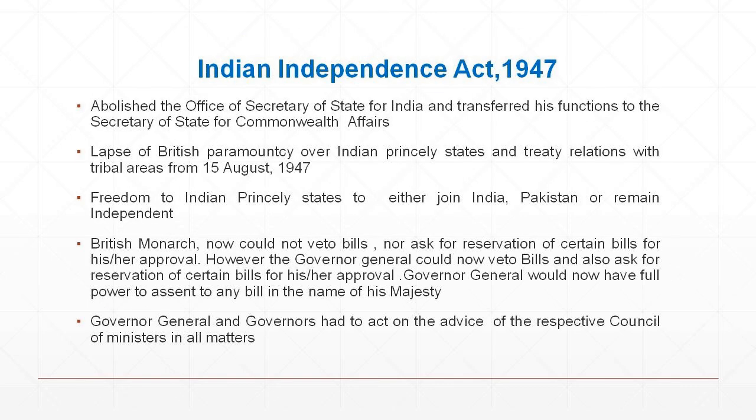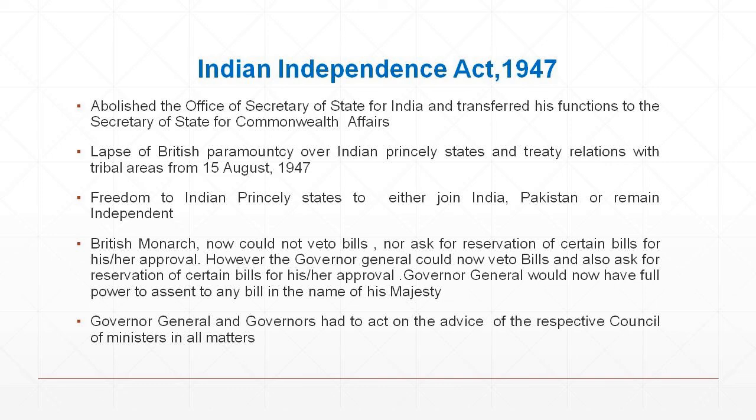Point number 6. It abolished the office of the Secretary of State for India and transferred his functions to the Secretary of State for Commonwealth Affairs. So this guy, Secretary of State for India, was a nodal agent, like a common window to the British government in Britain. But now there is no need for him because India is not being administered by Britain.